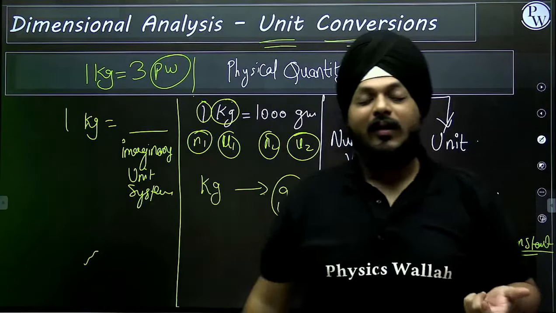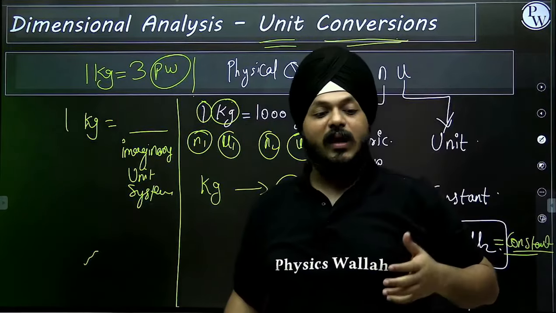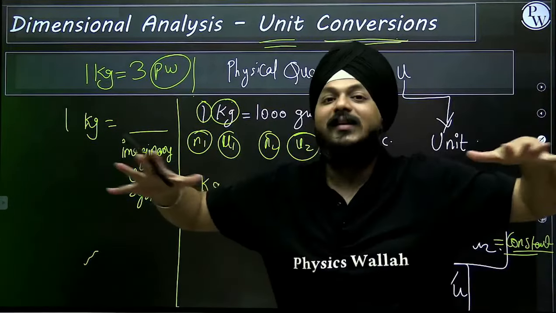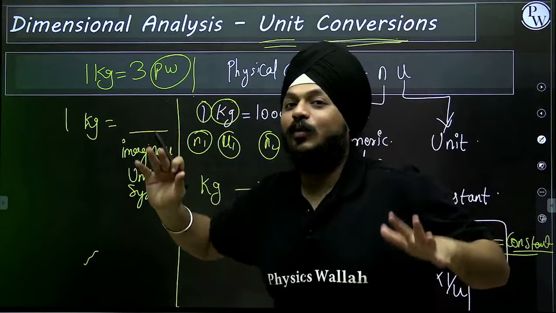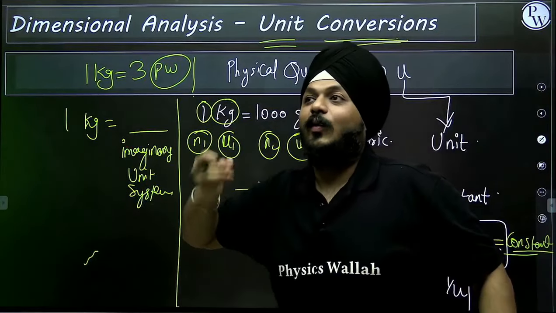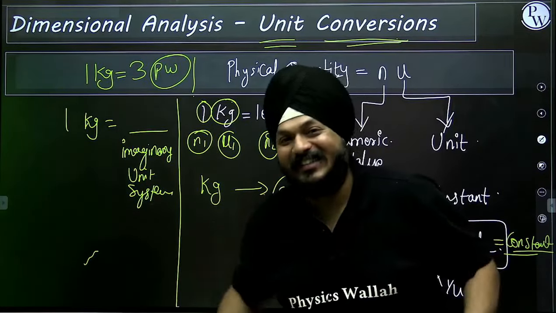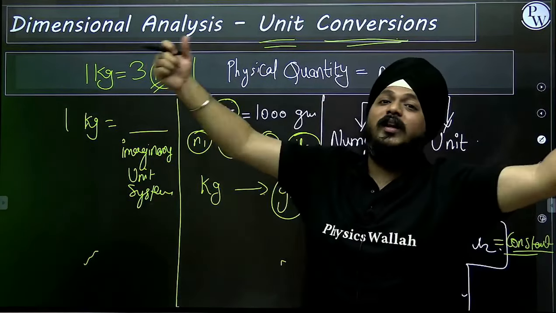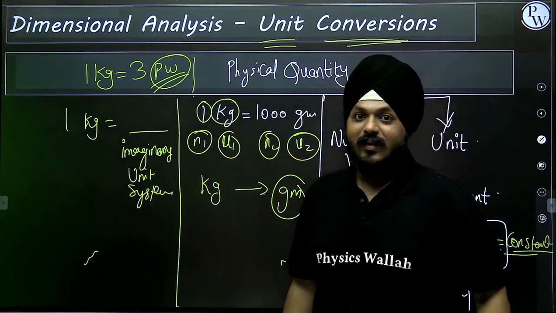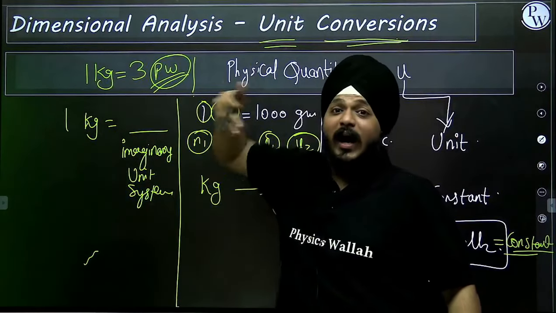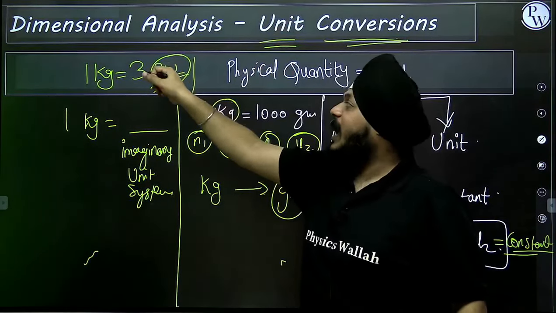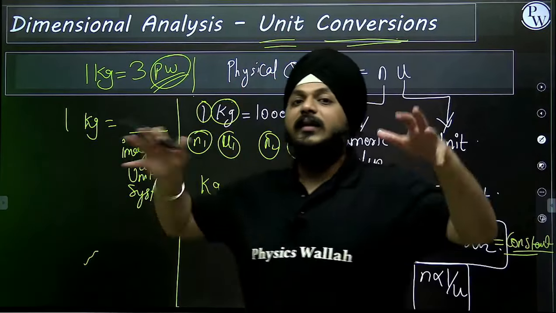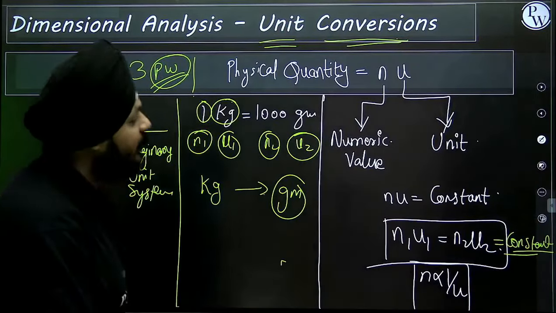PhysicsWallah, PW, is an imaginary unit system; I understand it doesn't exist. This organization exists, but this is an imaginary unit system. Higher is the value, lower is the unit of the unit system; in another sense, N is inversely proportional to 1 by U.